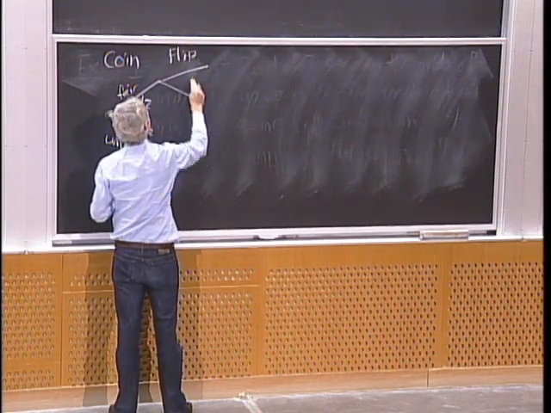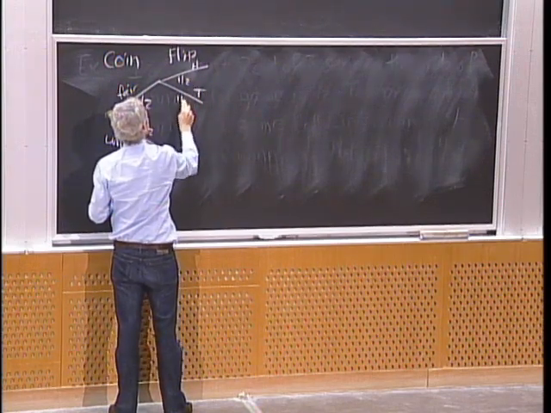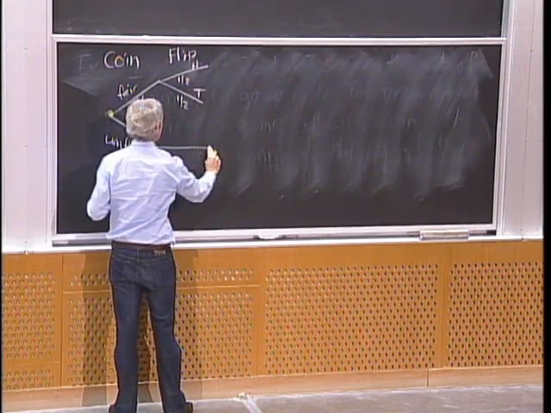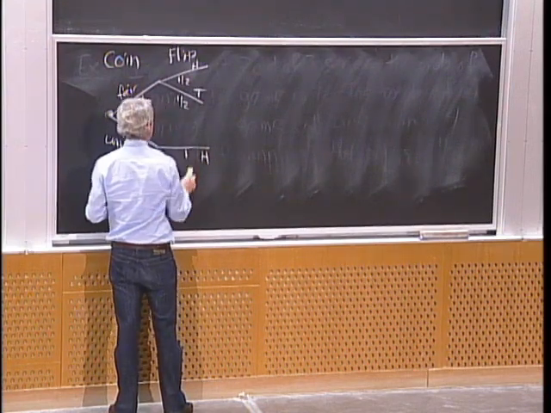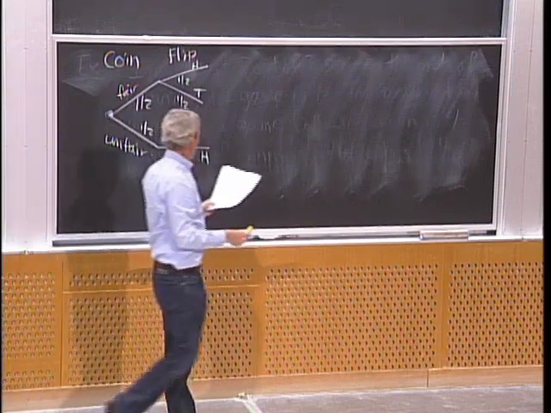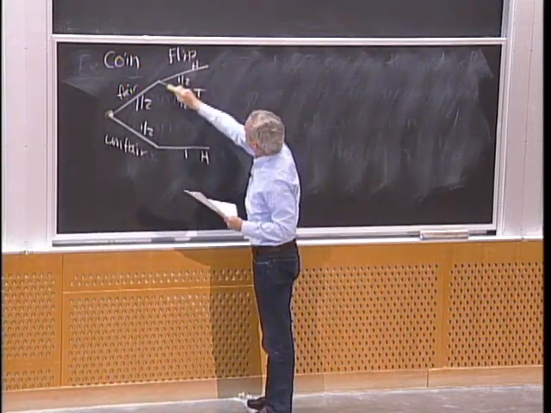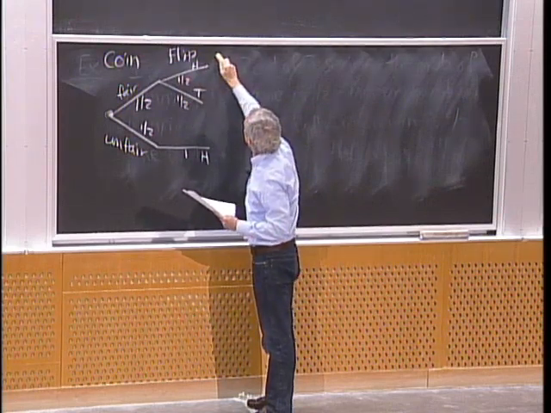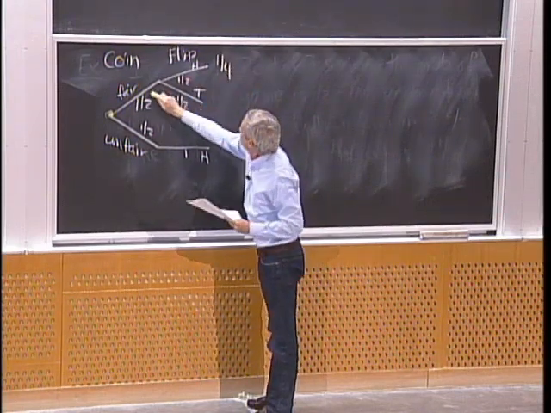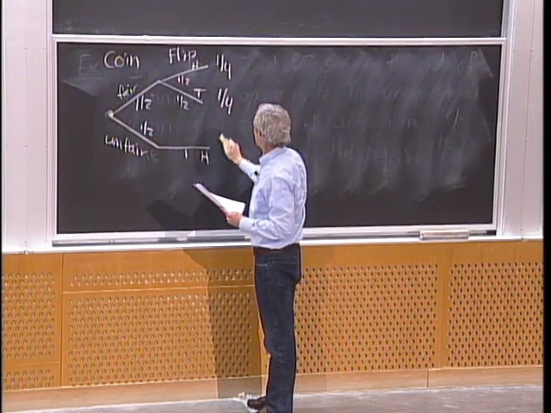The fair coin is equally likely to be heads or tails, each with a half. The unfair coin, guaranteed to be heads, probability 1. All right, now we get the sample point outcomes. It's fair and heads with probability a quarter. Fair and tails, probability a quarter. Unfair and heads, probability 1/2.